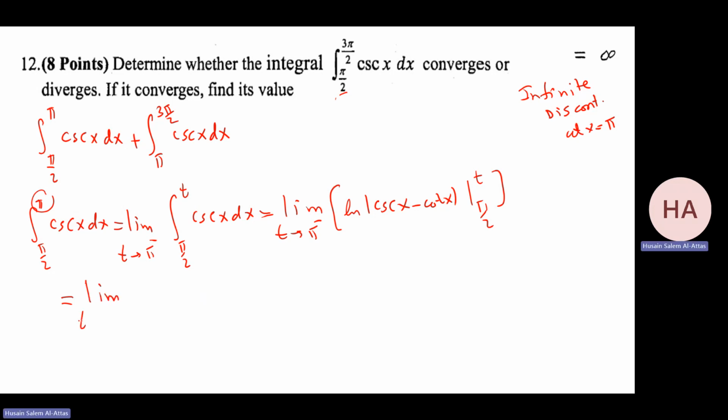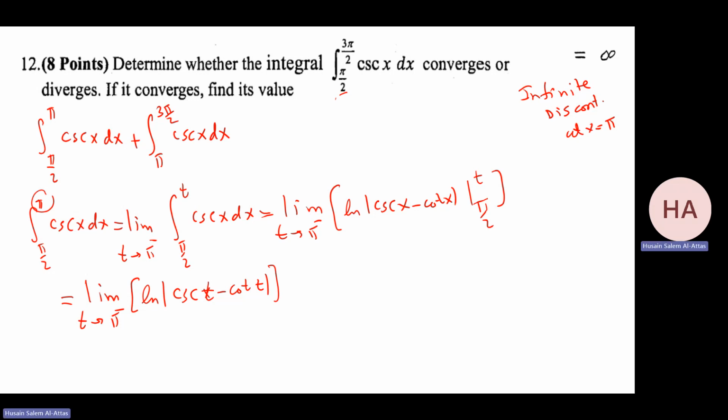Limit as t goes to pi from left of ln cosecant t minus cotan t, minus ln of what? Cosecant pi over 2 is 1. Cotan pi over 2 is cosine pi over 2, which is 0, over 1. That will be 0. So ln 1, which is 0. So all of this is 0. So I need this only, this integral.